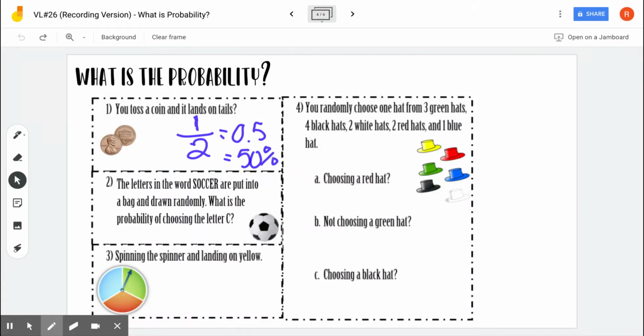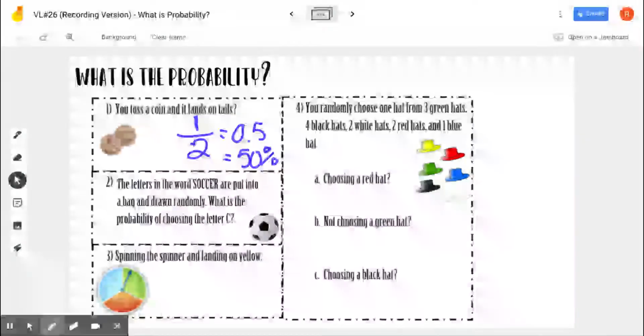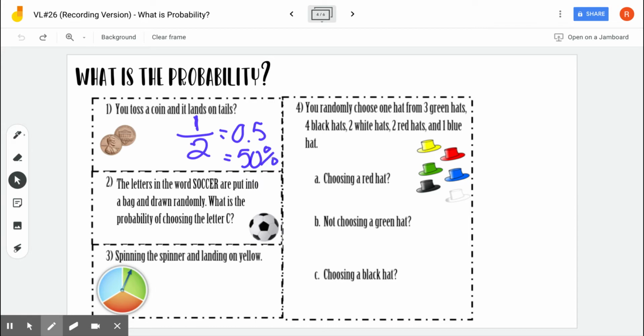Okay. Number 2, the letters in the word soccer are put into a bag and drawn randomly. What is the probability of choosing the letter C? So there are 2 C's in that list because there are 2 C's in the word soccer. So that's our numerator over the total number of letters, which is 1, 2, 3, 4, 5, 6.